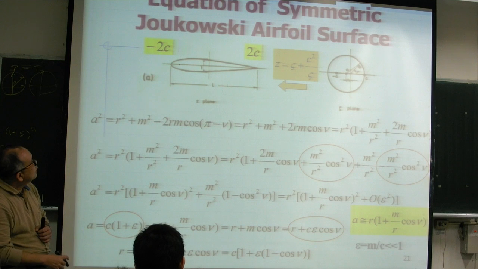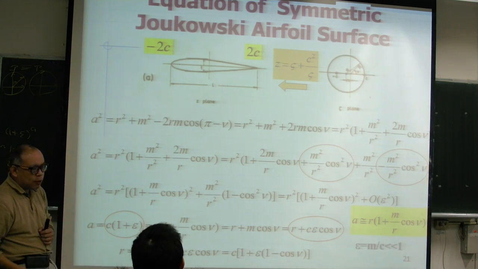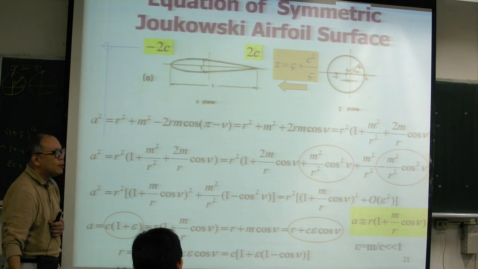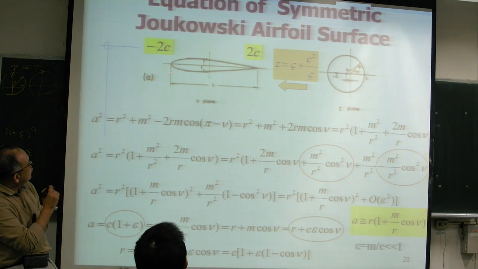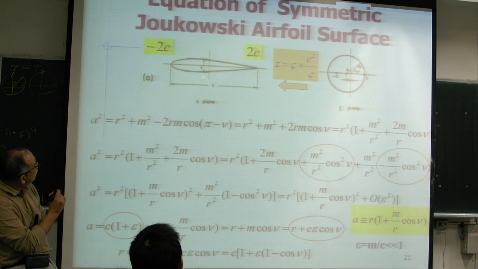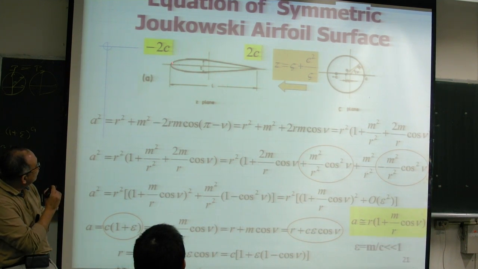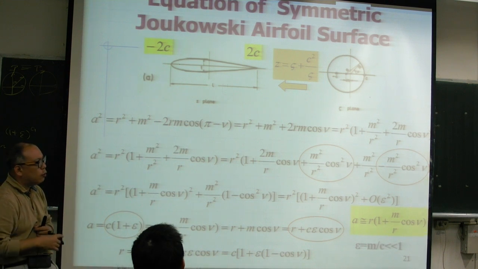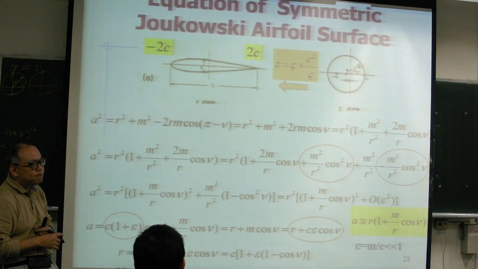The second thing is the equation for the Jacobi foil surface. The equation to describe the foil shape or geometry, we can also calculate.